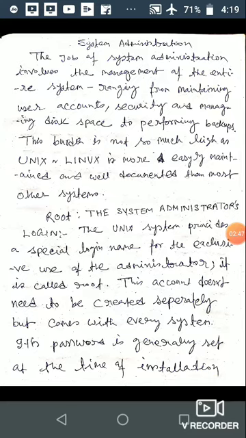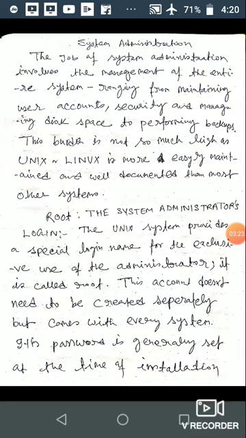That means managing whoever is using the system, who can use it and who cannot, and which resources can be used by whom, and to how much extent. All these things are basically the job of the system administration.